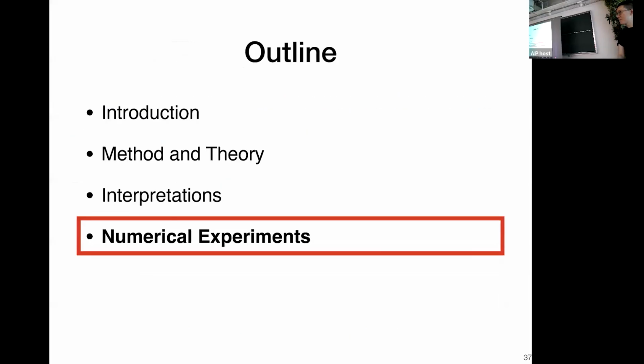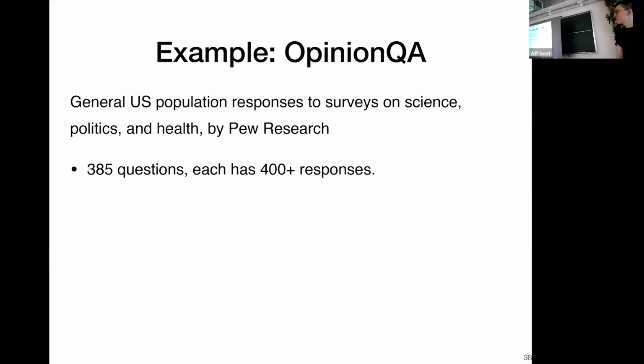Okay, that's some interpretation. And finally, let's see a few numerical examples. How large are those sample sizes? The first example is an opinion QA dataset that amounts to a public opinion survey.